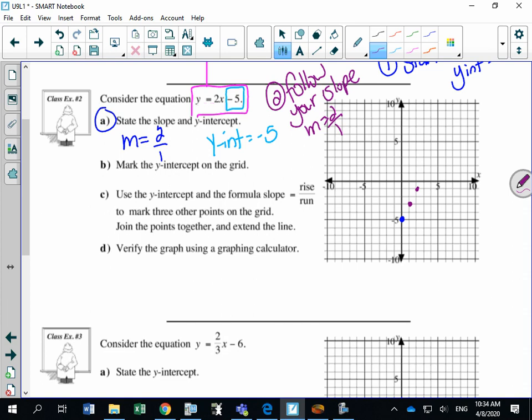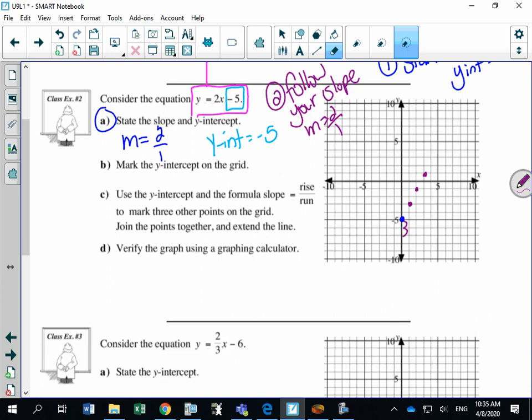Rise 2, run 1. Going in the opposite direction, I could tell that that last point is off. So rise 2, run 1. There we go. If I said we'll go in the opposite direction, what's the opposite of rising 2? The opposite of rising 2 is falling 2.